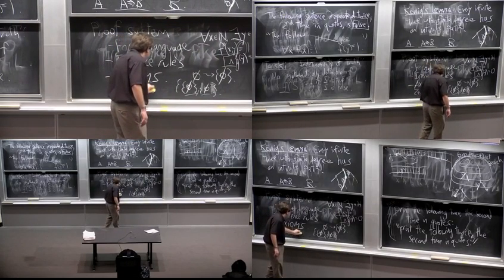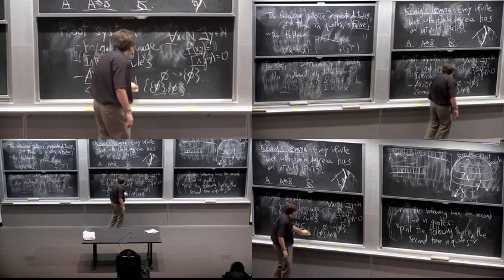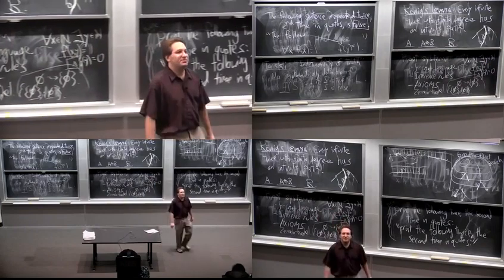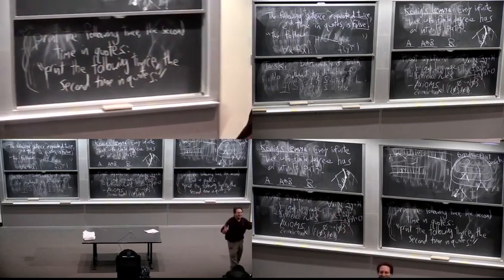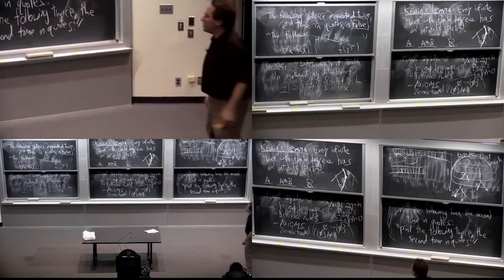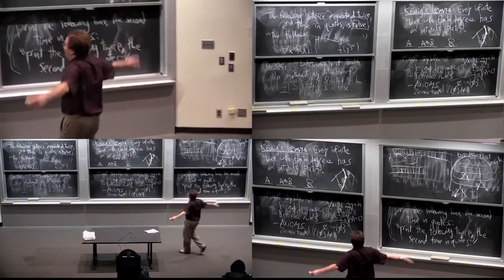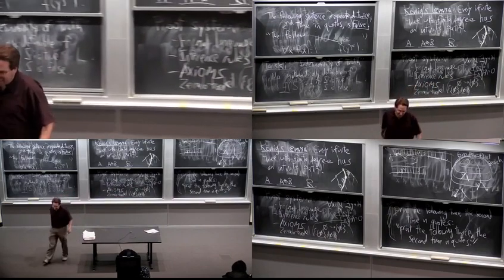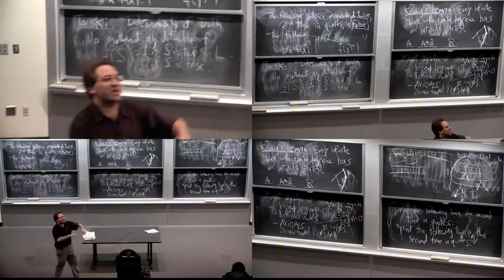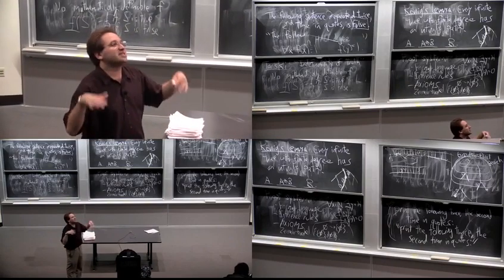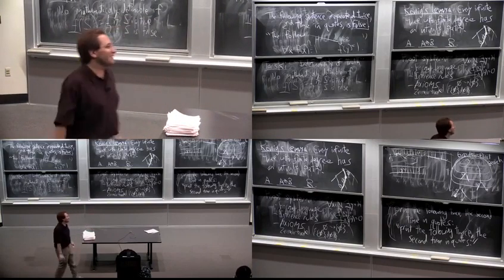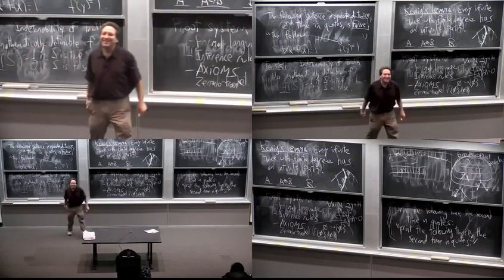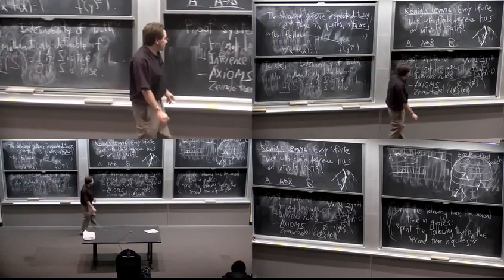The ZF axioms require that in order for a set to exist, you've got to build it up in some way, starting from the empty set, or they allow you to also start from some countably infinite set. Then you could take its power set, so you can get extremely big sets, but every set has to be built up in some way. You can't just say the set of all sets such that blah blah blah.